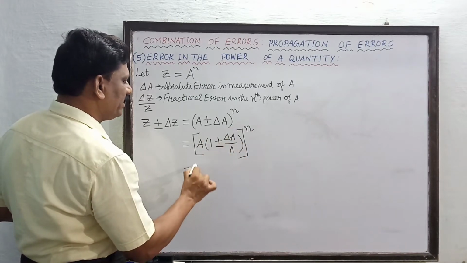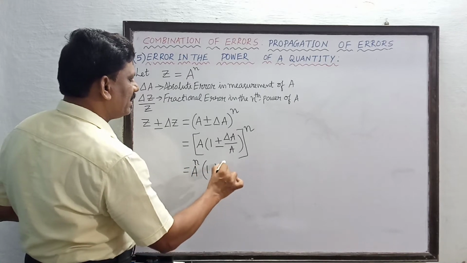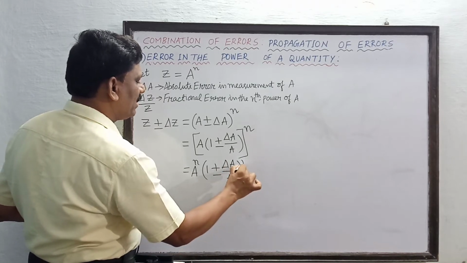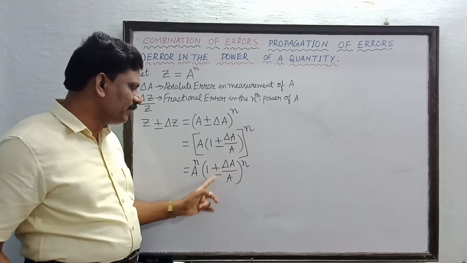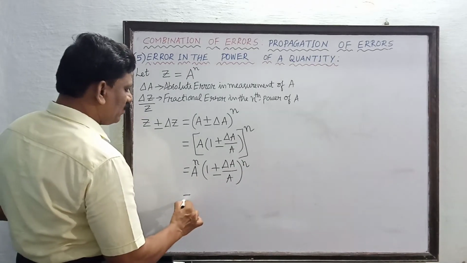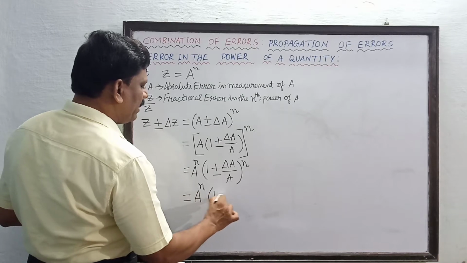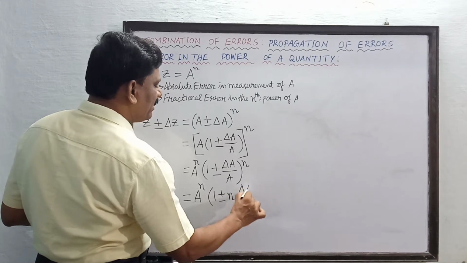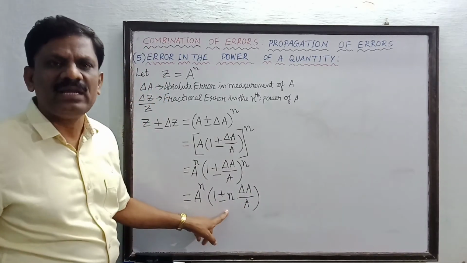So this is equal to A power n multiplied by 1 plus or minus delta A divided by A whole to the power of n. This is like a binomial expansion, 1 plus x whole power n. So this is now equal to A to the power of n into 1 plus or minus n times delta A divided by A. This is based on the binomial theorem.